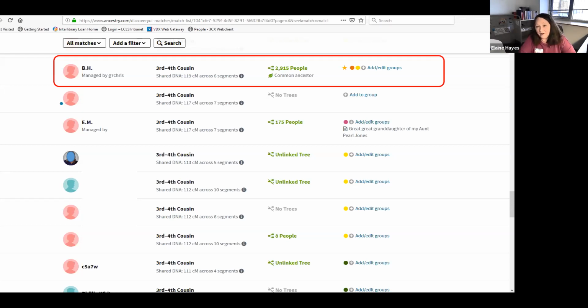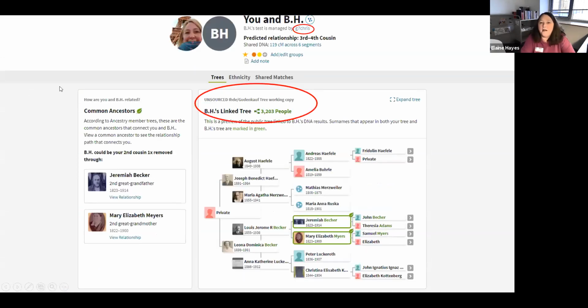But Ancestry has figured out who that common ancestor is that we share, and I can take a look at that. It was probably pretty easy to figure out because we both have a family tree. I'm going to click on that one and see more information about the relationship between me and BH.